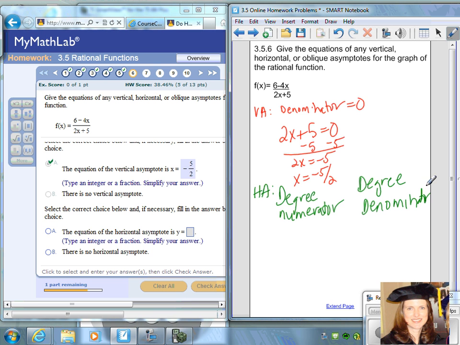Now in the original equation, the degree is the highest exponent. The numerator was 6 minus 4x. That's the degree of 1. The largest exponent is 1. Even though you don't see it, the largest exponent is 1.